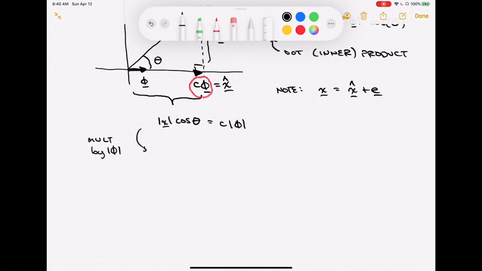And so that gives me something that's going to look like norm X, norm phi, cosine theta, and that's going to be C norm phi times norm phi, which is just norm phi squared. I can recognize now that stuff on the left. That's just the dot product. So that's just X dotted with phi. We had seen that before through our discussion of dot products.